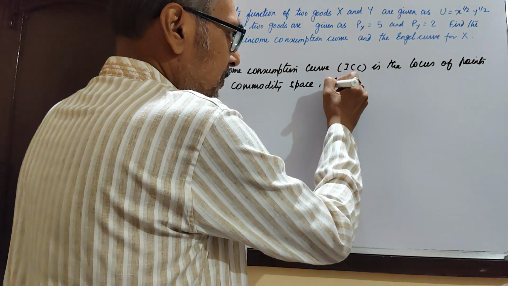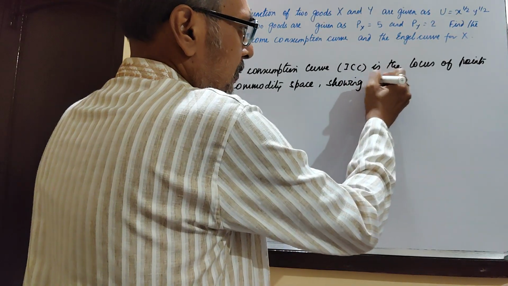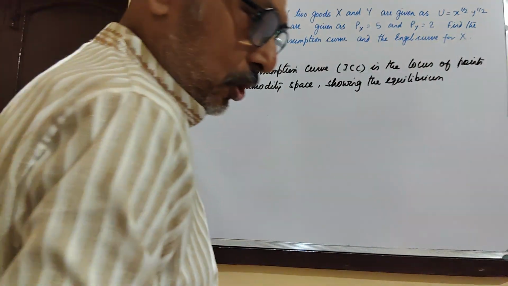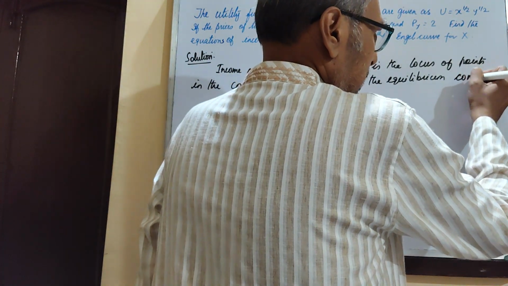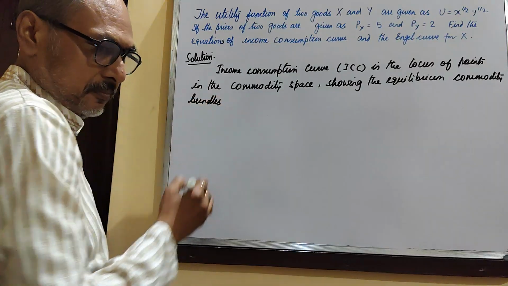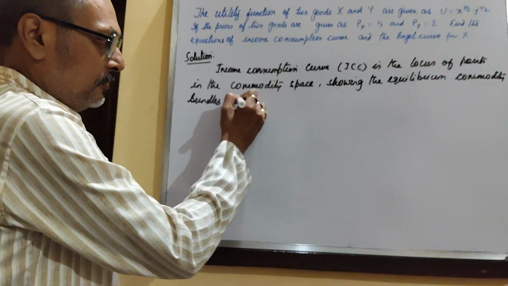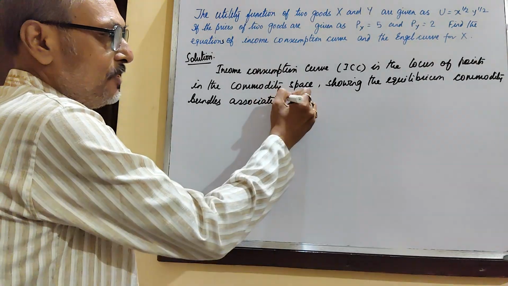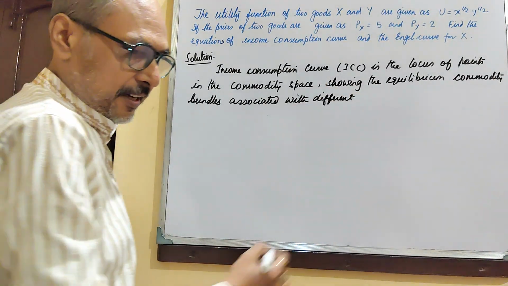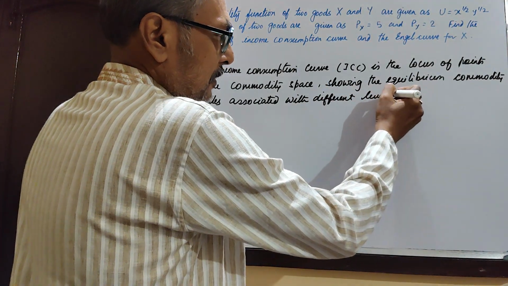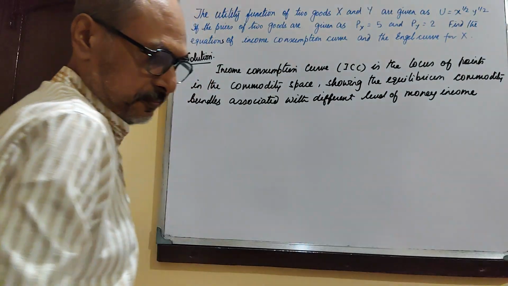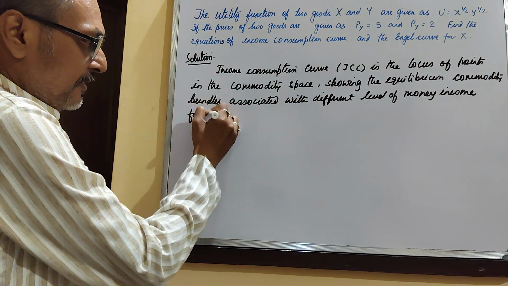showing the equilibrium commodity bundles associated with different levels of income, of money income, for constant prices.